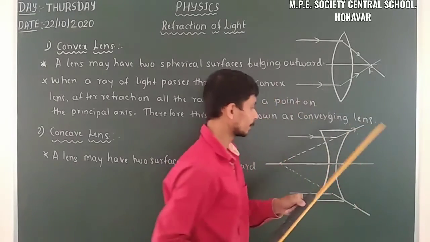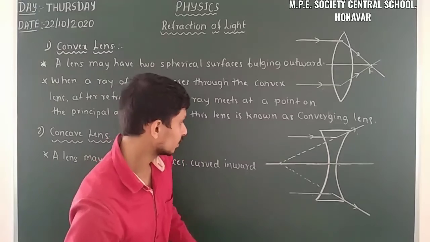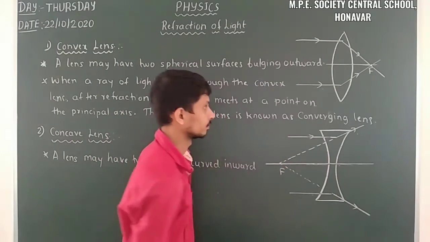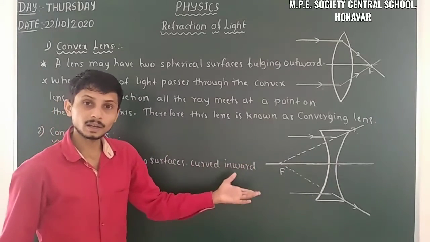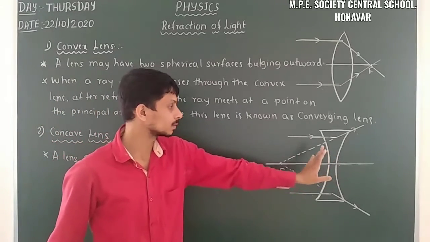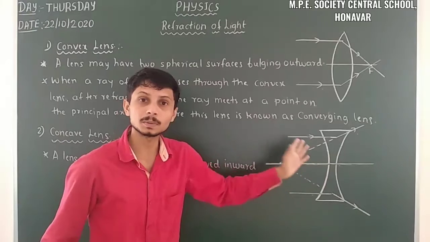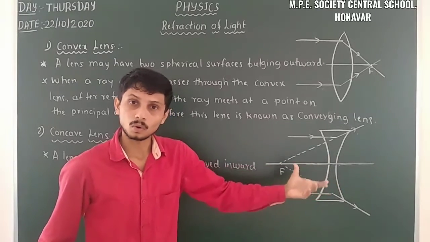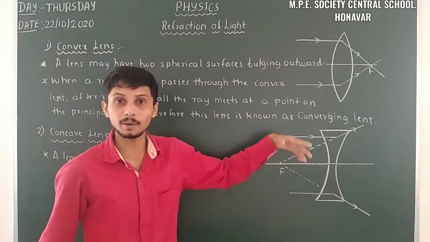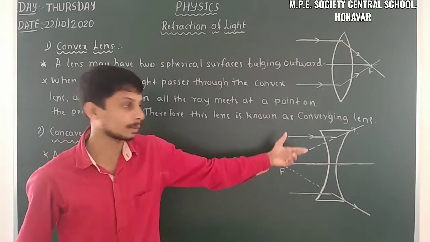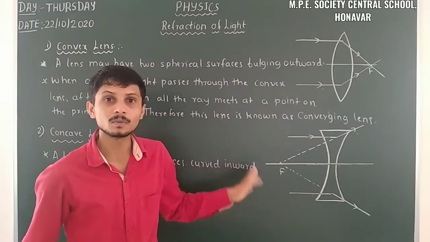So this is F. Here it is F. So when a ray of light passes through the concave lens, after refraction, it diverges from the principal axis and appears to meet at a principal focus.